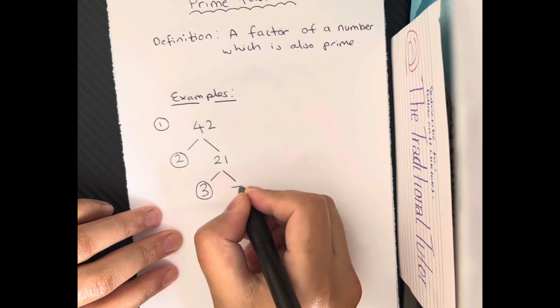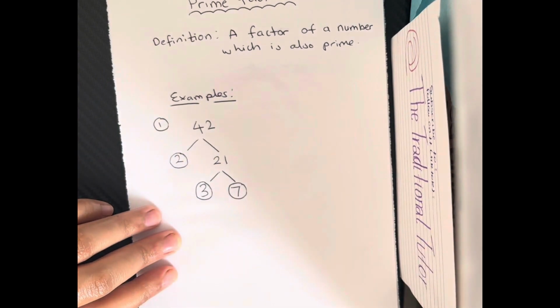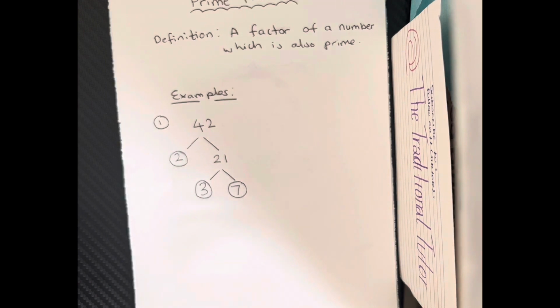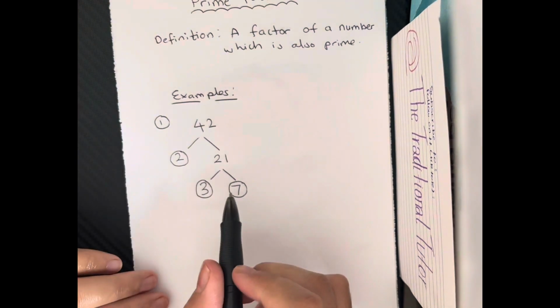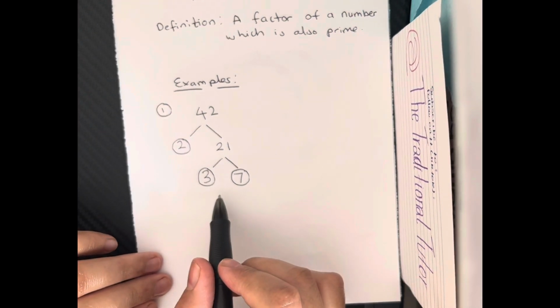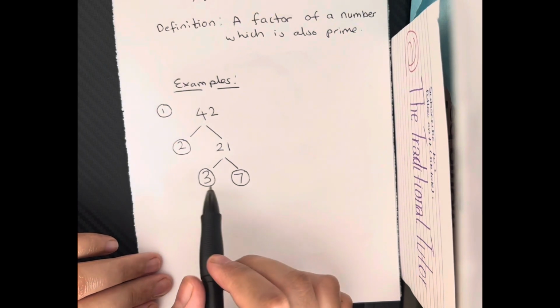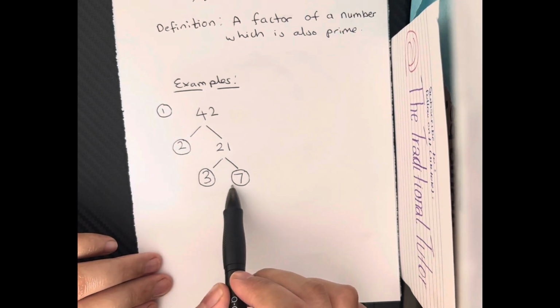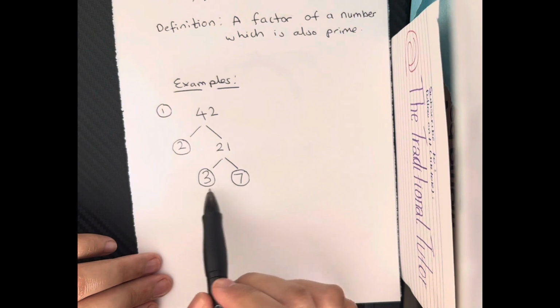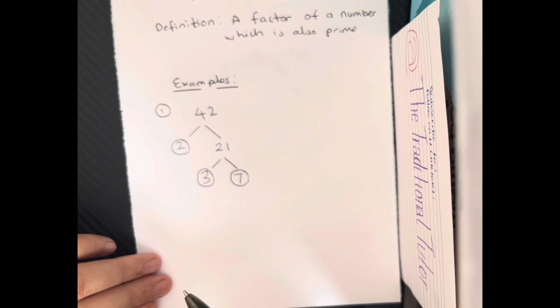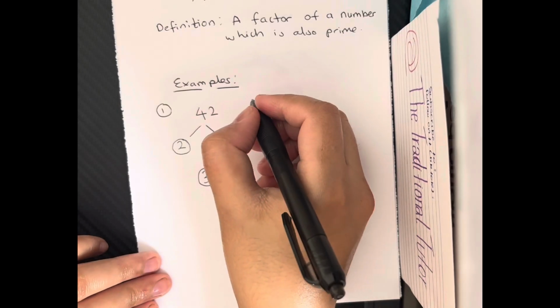Now, both of these are prime, so we circle both of them, and this is where we actually stop. Okay, this is how we know when we need to stop our prime factor decomposition. That is when you arrive on 2 factors which are both prime, because we cannot break them down any further. Okay, so that's where we stop.